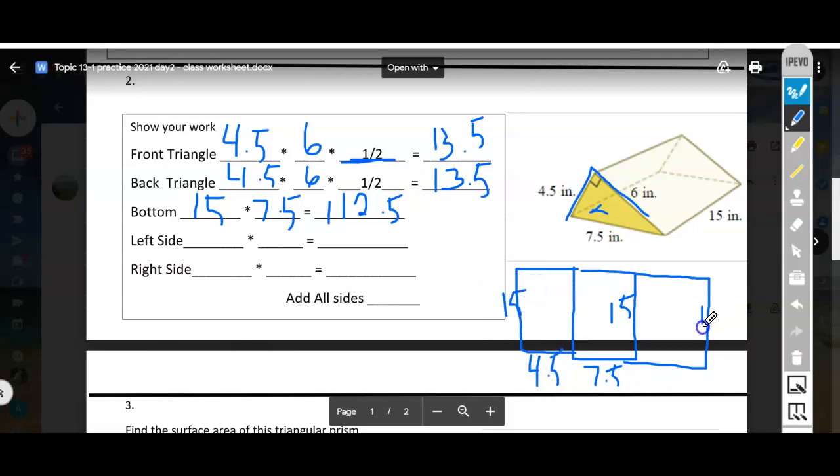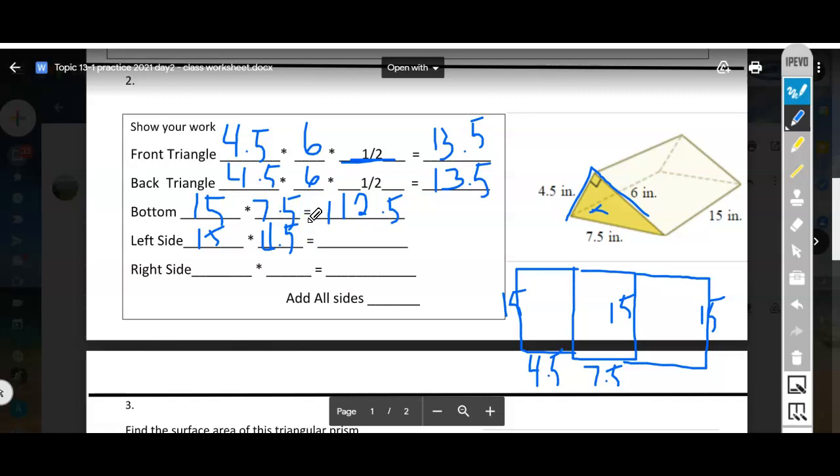Notice all the rectangles are going to be 15 by something. So we're going to go 15 by 4.5 on this one. What is that? 67.5.